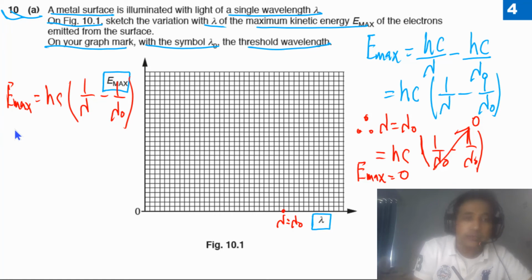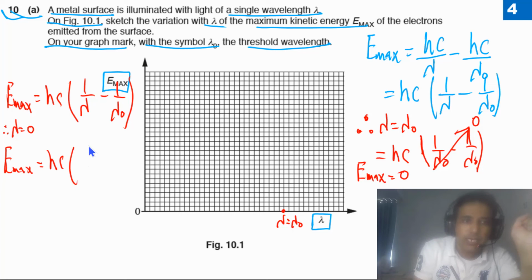Now we can consider the extreme case when lambda is equal to 0. If we assume lambda is equal to 0, then Emax will be equal to hc times 1 over 0, meaning infinite, minus 1 over lambda naught.